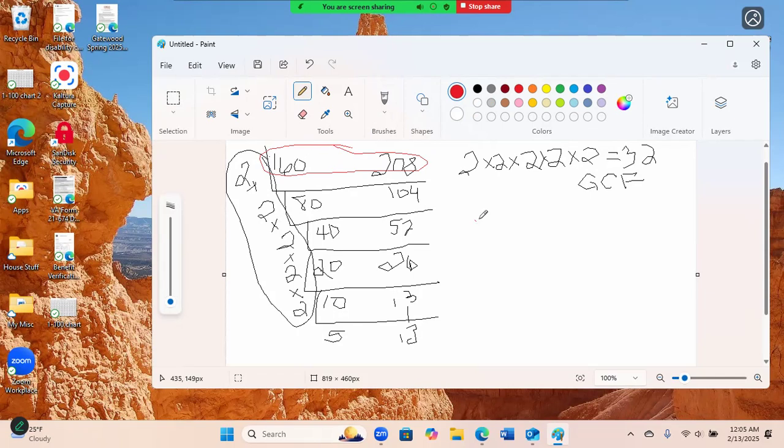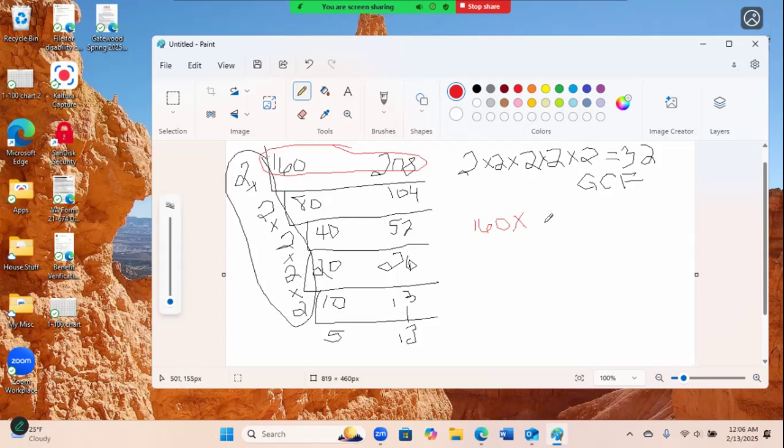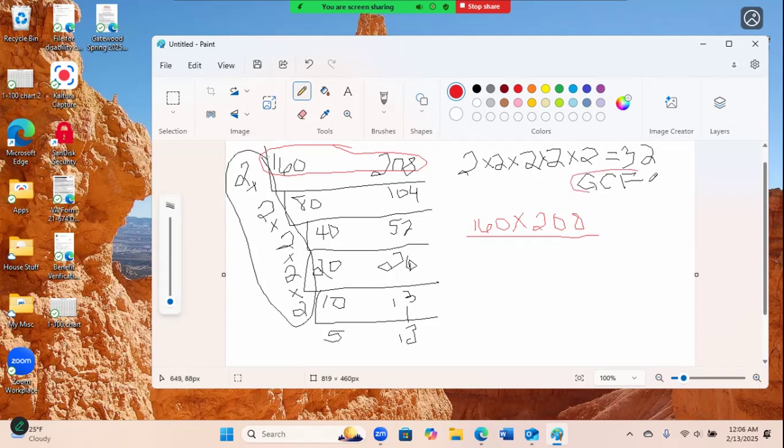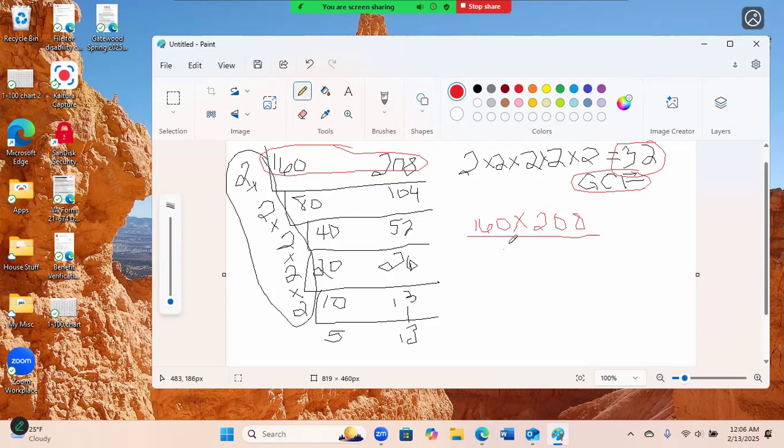So you're going to put 160, and we said the word product, so that's going to be multiplying 160 and 208. And then that is going to be divided by our greatest common factor, which we found out was 32. So we're going to put that over 32.